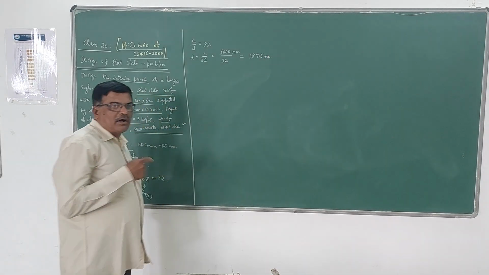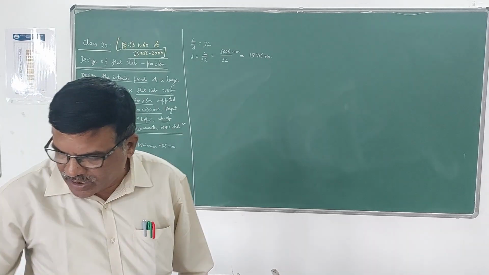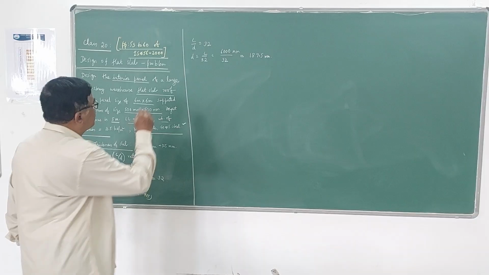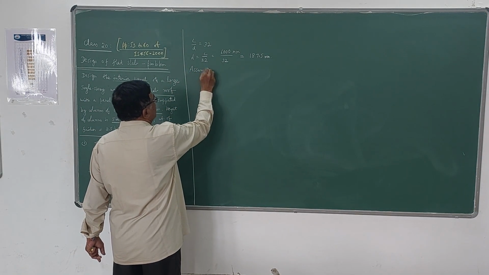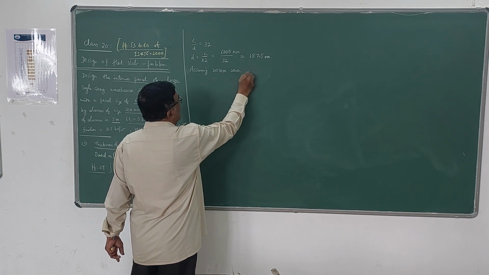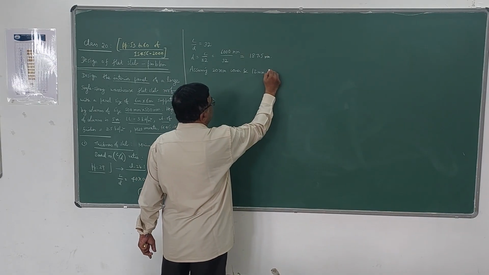Now we have to assume cover and also diameter of the bar. If you assume 20 mm cover and 12 mm diameter bar, you can find out the total thickness. Normally 12 mm diameter bars are used.